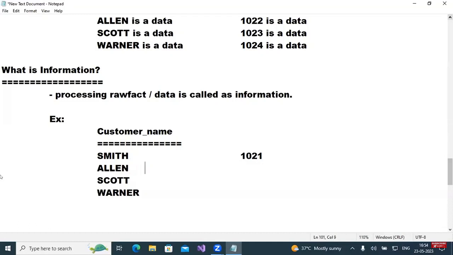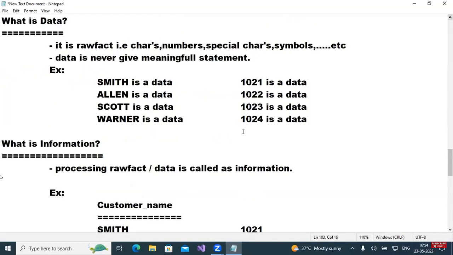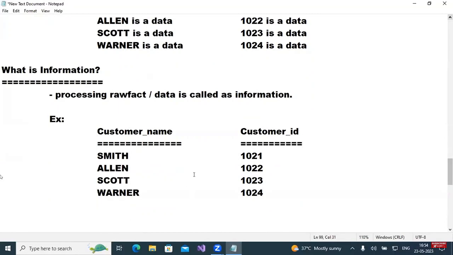Same here, I take 1021, then 1022, then 1023, and next 1024. As of now, this is data. But when I predict here Customer_ID, anybody who asks, you can immediately say these are customer ID numbers.